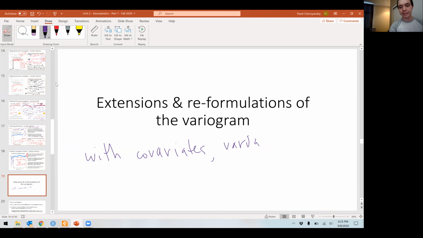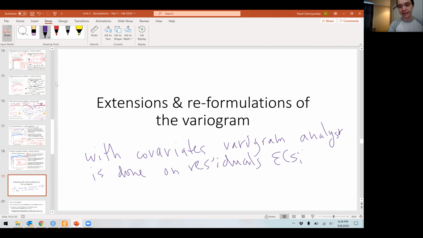Variogram analysis is done on the residuals. Call it epsilon, S_i, epsilon, S_j, right? Half the square difference.